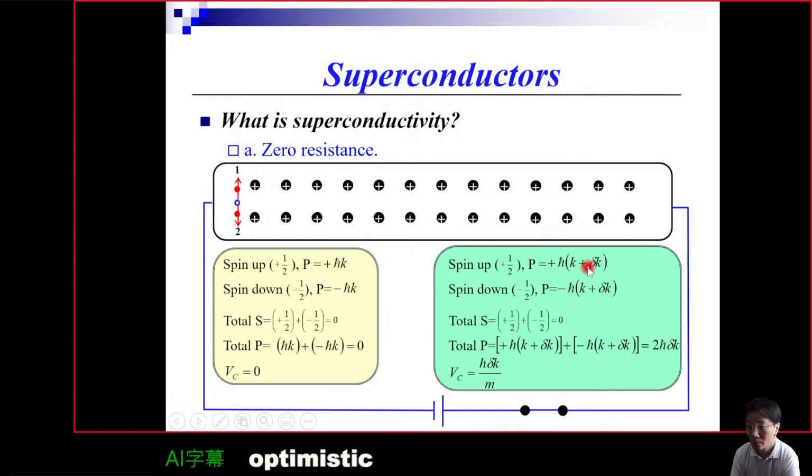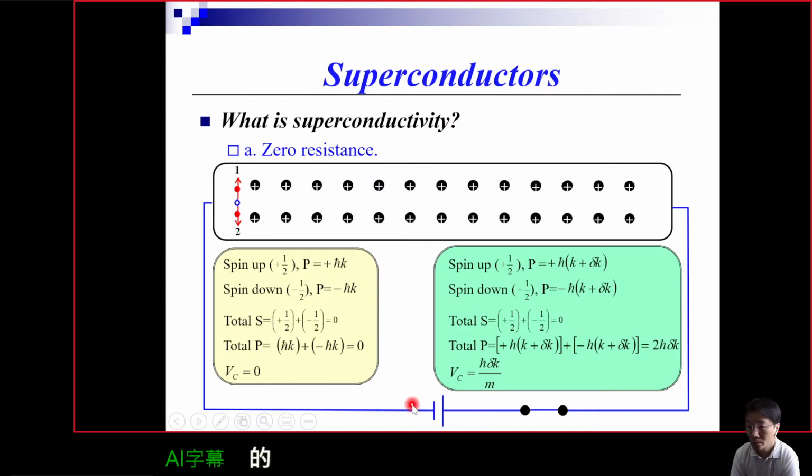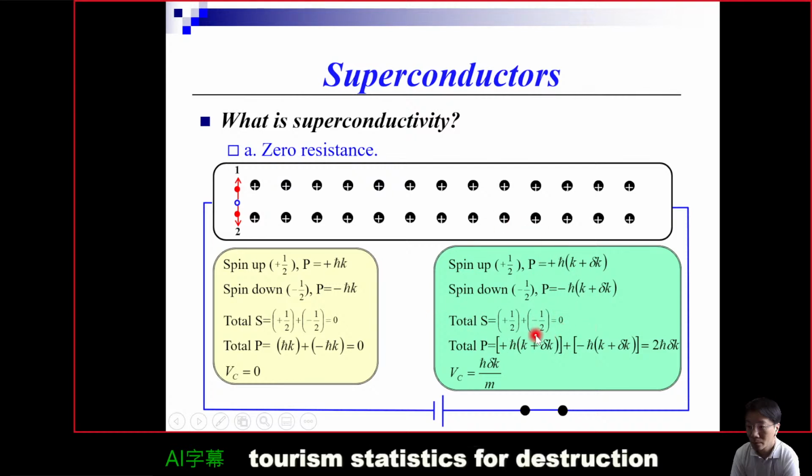The h bar delta k comes from the driving force from the electric field. So in this situation, the total spin is still 0, but the total momentum would be 2 h bar delta k, and its moving speed is h bar delta k by m, actually 2m_e.